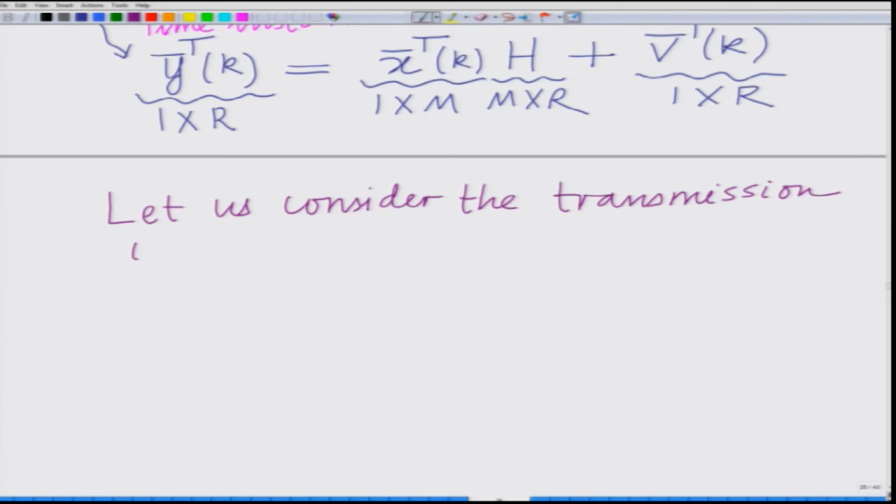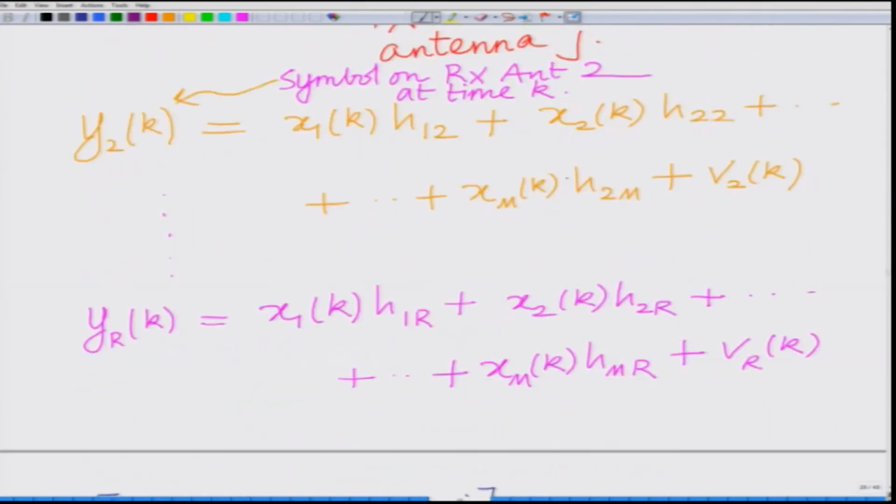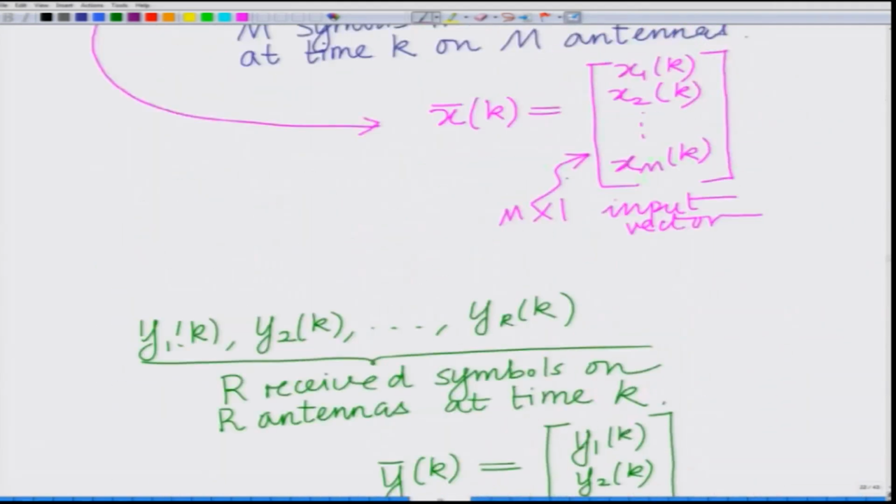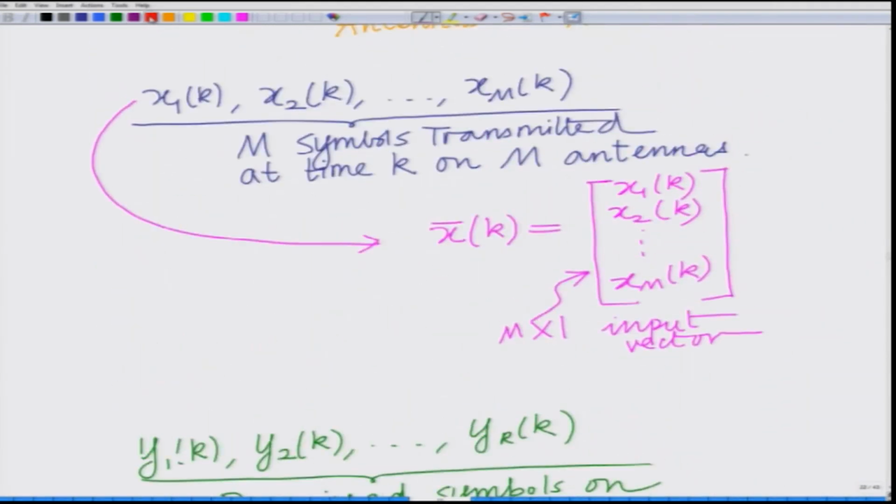By the way, we have not mentioned it explicitly, but it should be clear to you that this x bar of k is nothing but a pilot vector.